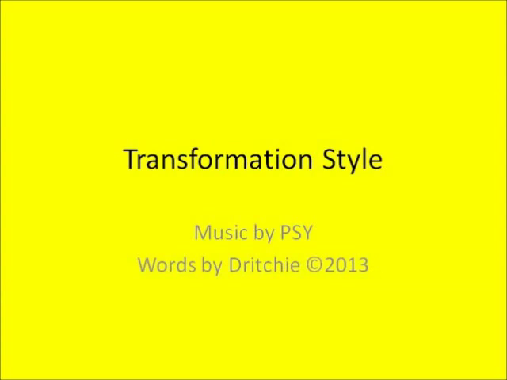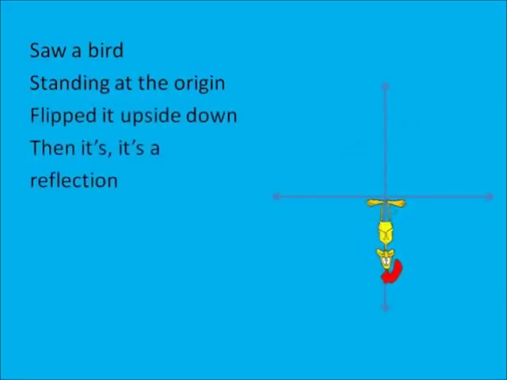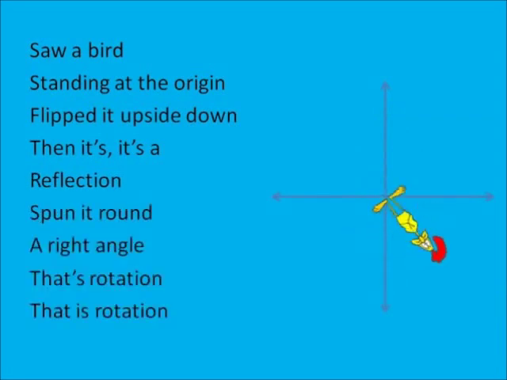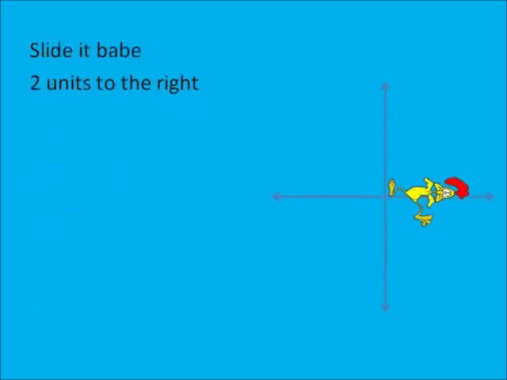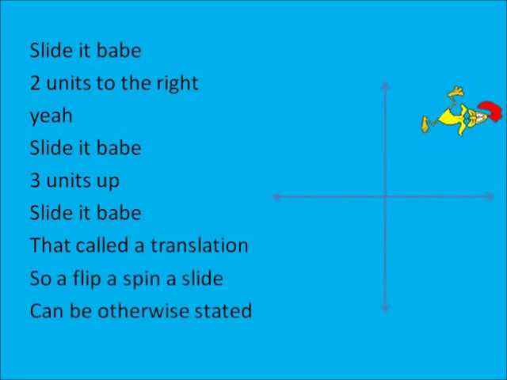Transformation style. Saw a bird standing at the origin, flipped it upside down, then it's a reflection, spun it round, right angle, that's rotation. Now sideways, 2 units to the right, sideways, 3 units up.